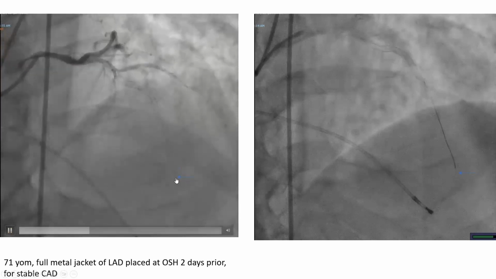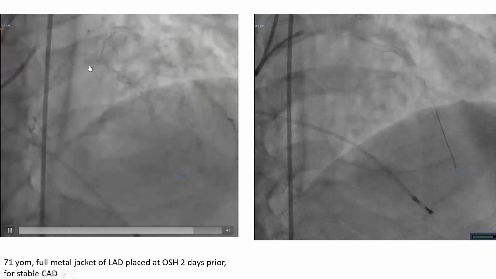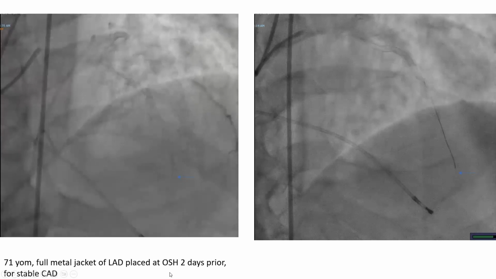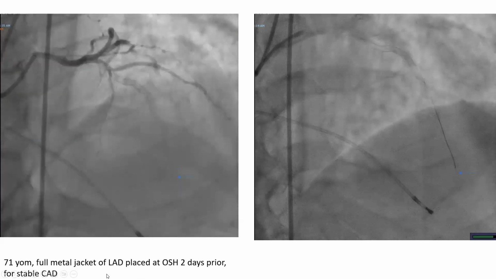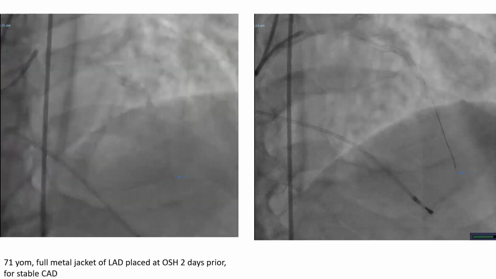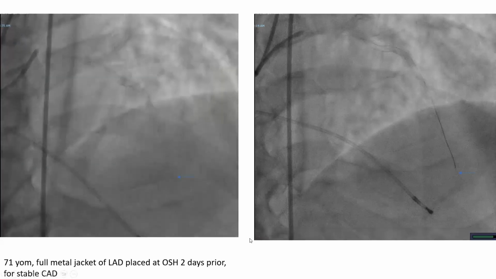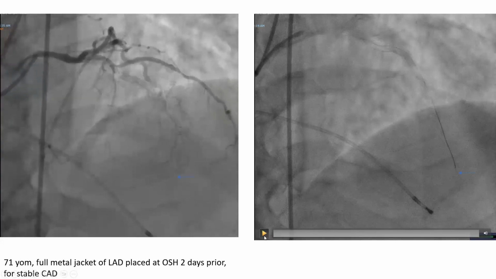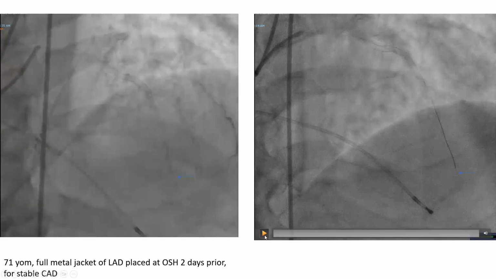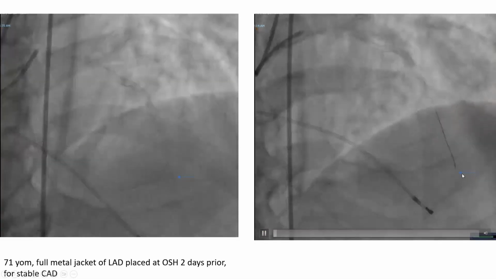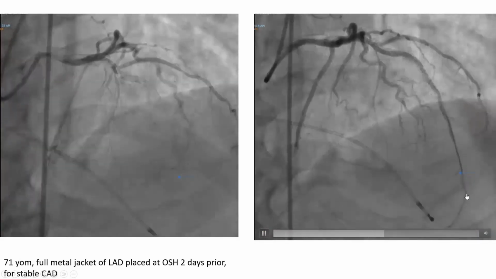The full metal jacket ends here, from proximal LAD all the way distally. Now, just 2 days later, he presents to us with, it's very similar to the prior case answer. No runoff. Okay? Look at here, we open that stent thrombosis. The stent finishes here. Look how much runoff you have.